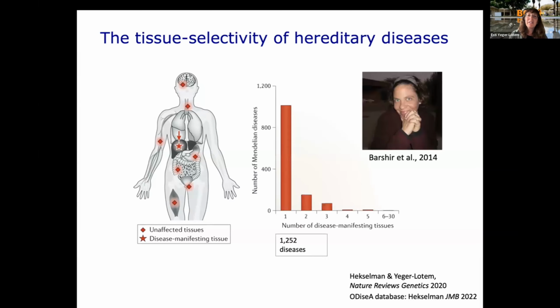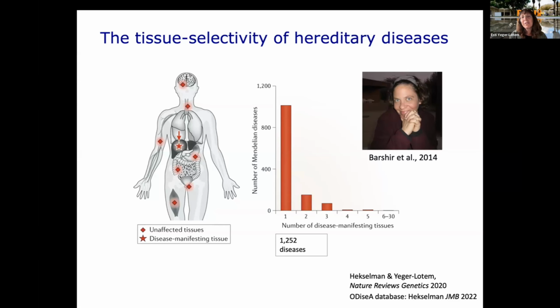We analyzed many of these diseases together with my student, then Ruth Barshir, and we found that many of these hereditary diseases tend to manifest clinically in specific tissues and not throughout the body. This is kind of surprising because, as I said, the mutation is in the germline, so it's present throughout the body. However, the disease manifests in specific tissues.